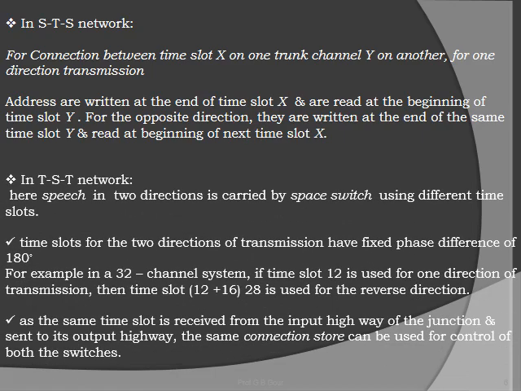Whereas in a TST network, speech in the two directions is carried through space using different time slots. The time slots for the two directions of transmission have a fixed phase difference of 180 degrees. This is very important.